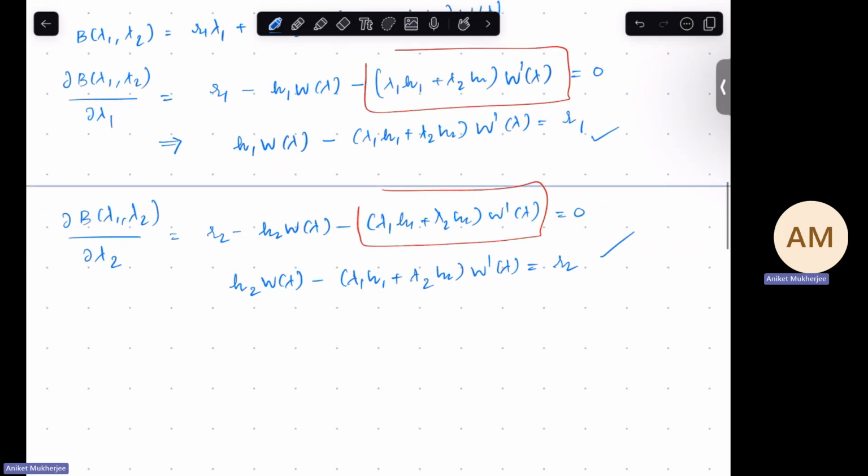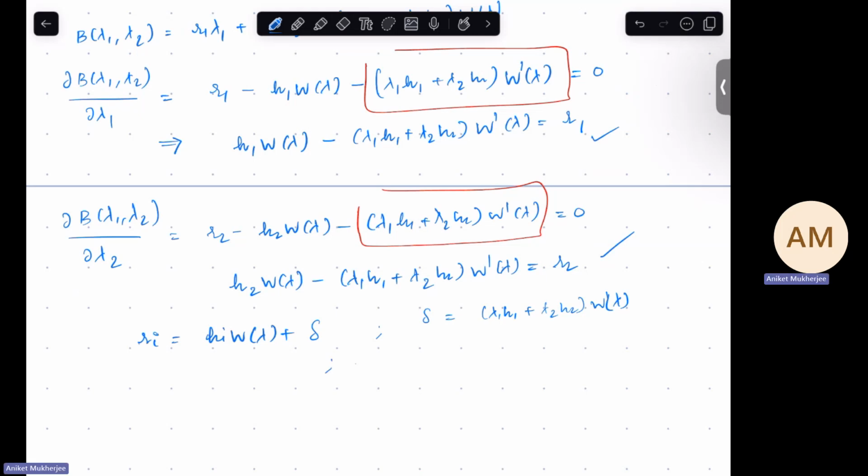So basically, you get the equations Ri equal to Hi W(lambda) plus delta, where I'll call delta equal to (lambda 1 H1 plus lambda 2 H2) W prime(lambda).